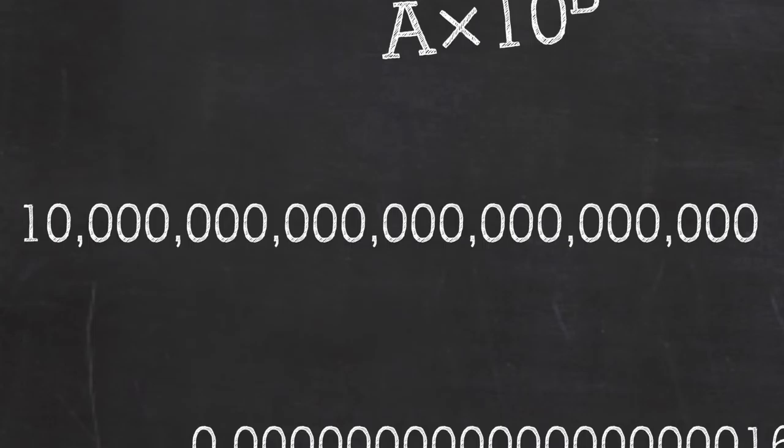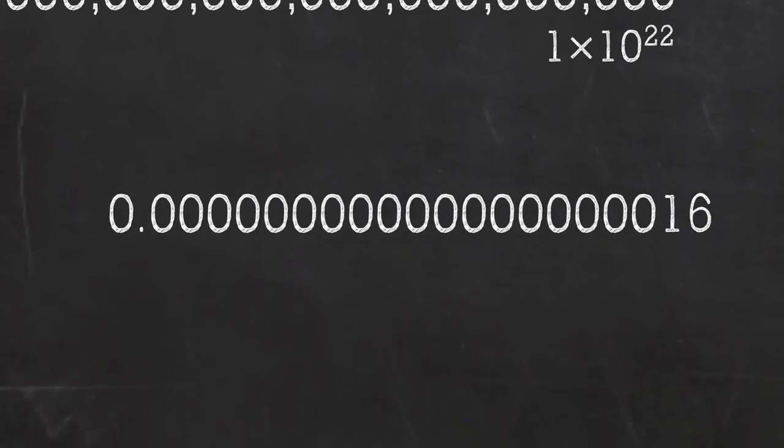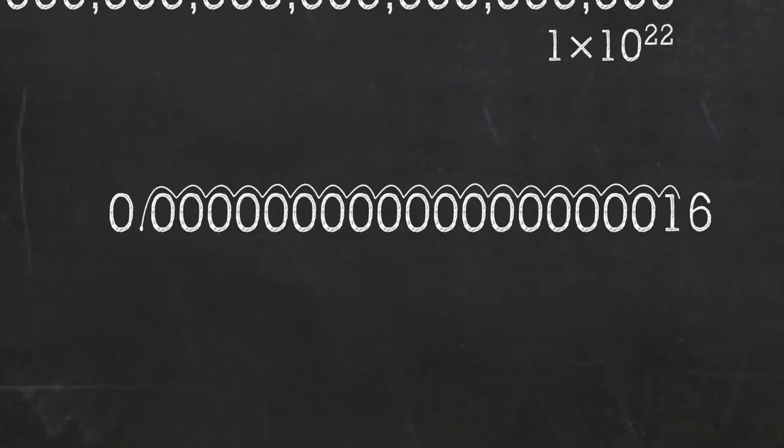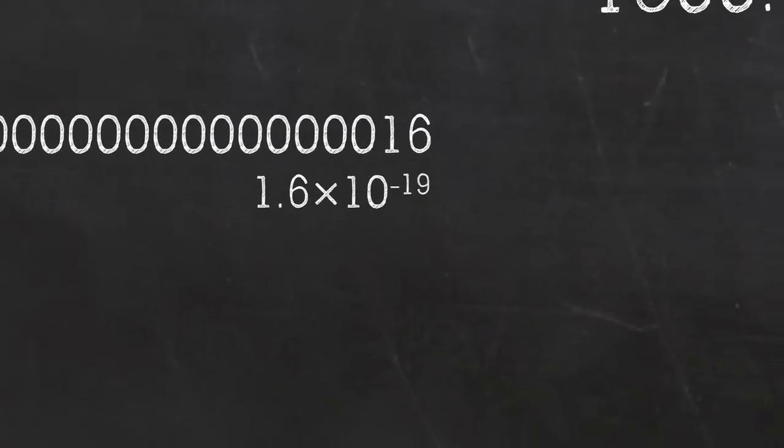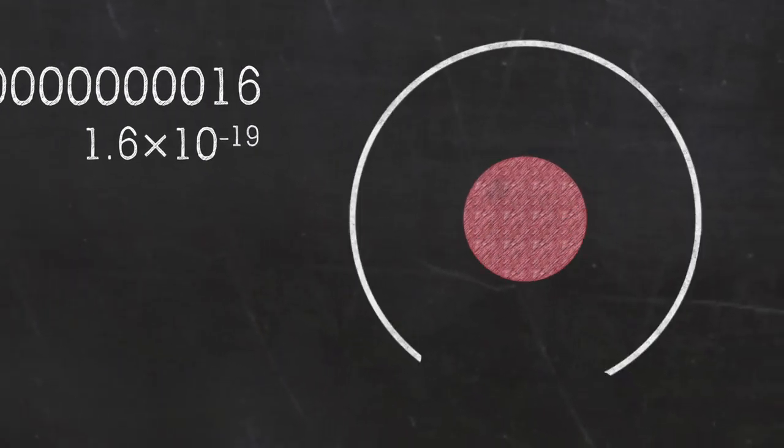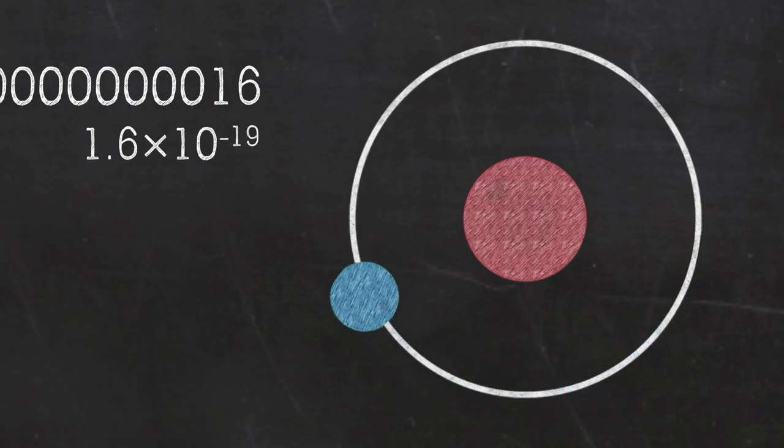In scientific notation, this number is 1 times 10 to the 22. For the very small number, the decimal point needs to hop right over 19 digits and leaves us with 1.6. In scientific notation, this is written as 1.6 times 10 to the minus 19, which is the electric charge of a single electron. It's an important number that's much easier to remember in scientific notation.